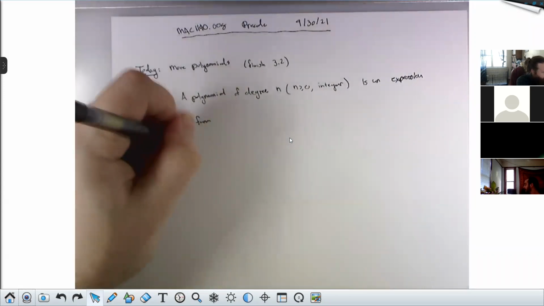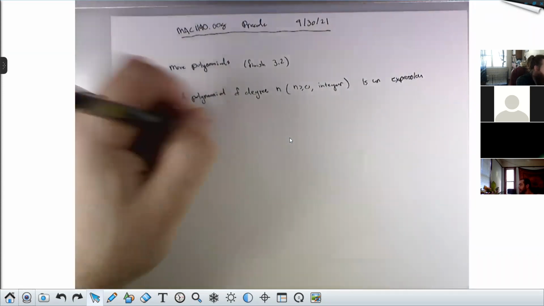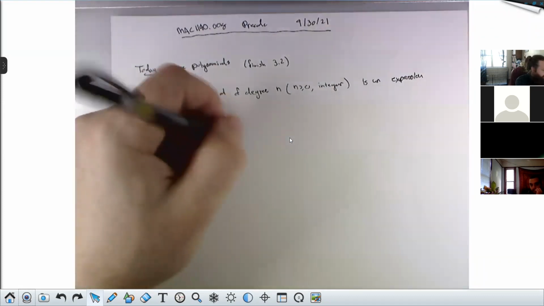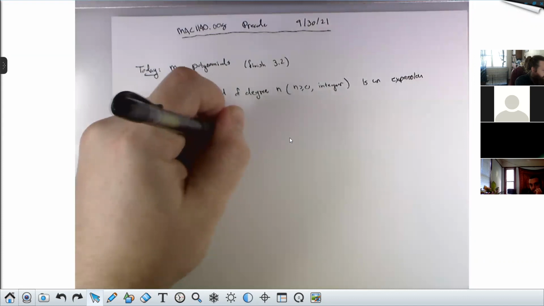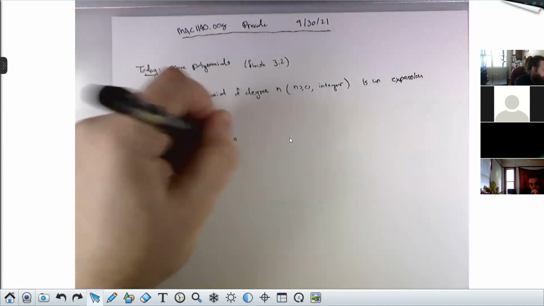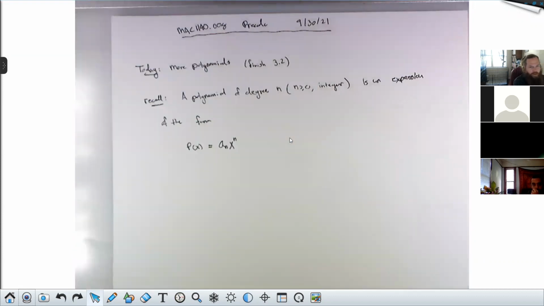We usually use the symbol p of x, right? It's a function, it's a polynomial, and the variable is x. Call it p of x. The largest power of x is x to the n. And there's a number multiplying that x to the n, which we call a_n.